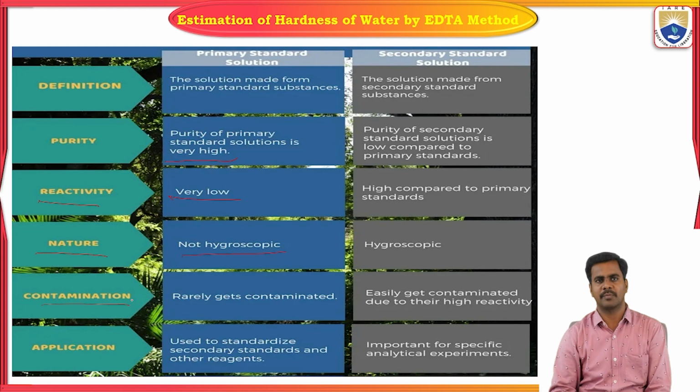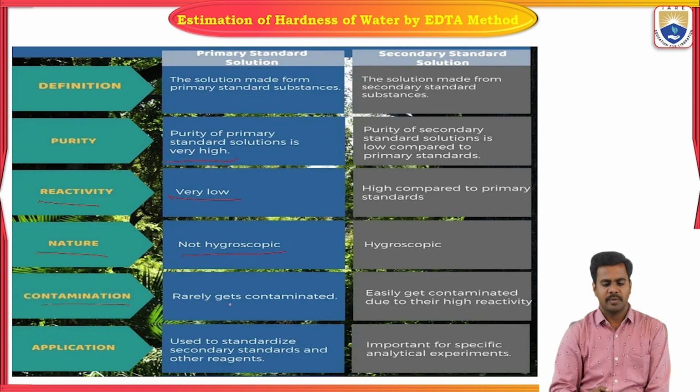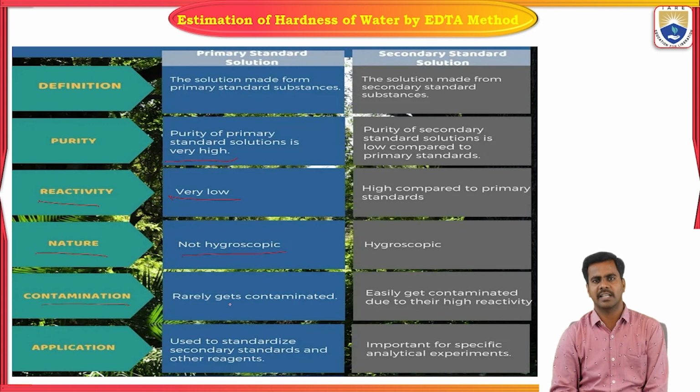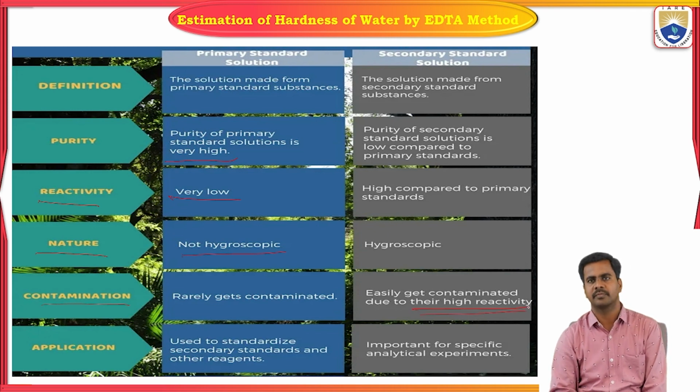With respect to contamination, a primary standard gets contaminated only in very rare conditions. But a secondary standard gets easily contaminated. Why? Because of its stability and reactivity. Secondary standard substances are much less stable.